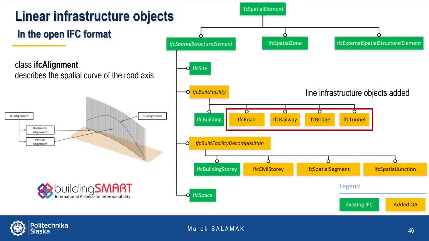The answer may be the latest IFC standard, which also includes linear infrastructure facilities such as roads, railways, bridges, and tunnels. In the case of roads, it was crucial that buildingSMART, this organization, defined a class called IfcAlignment that describes the axis of the road in the form of a spatial curve.